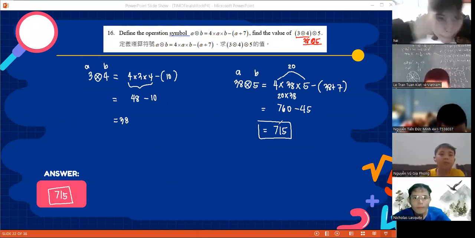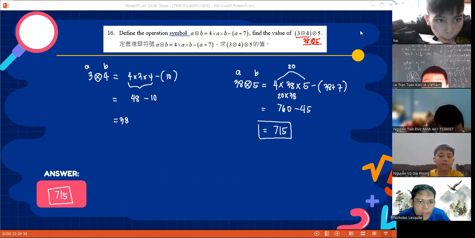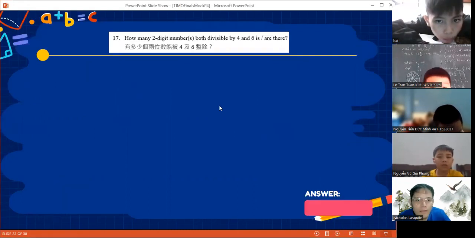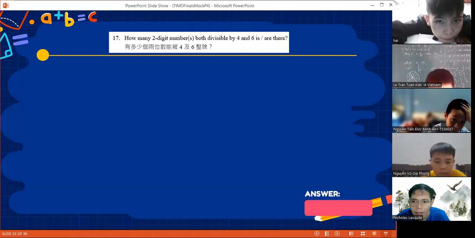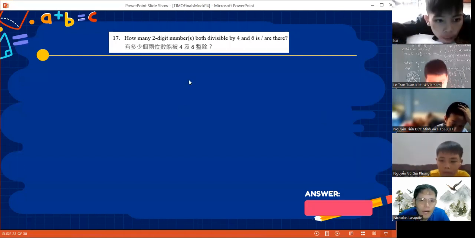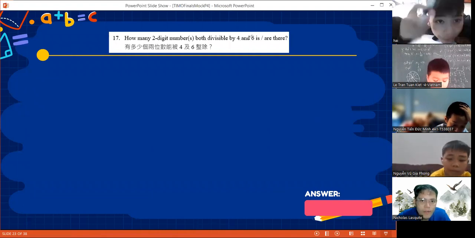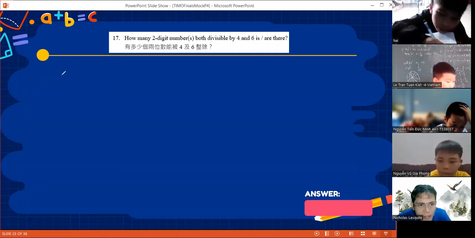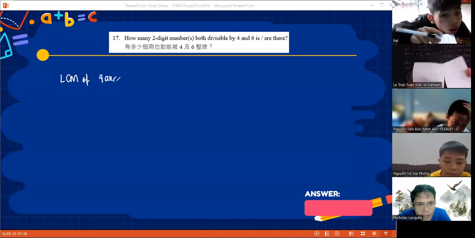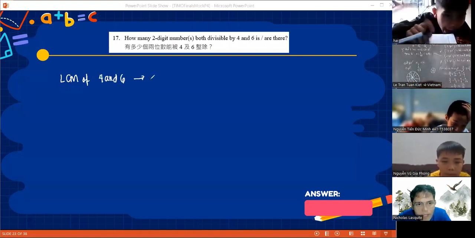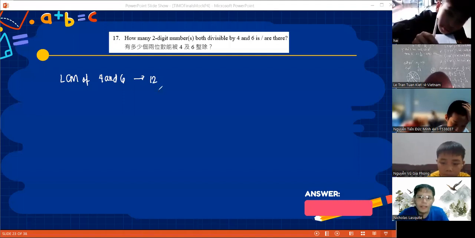Okay, we're gonna continue with number 17. This one. How many two-digit numbers, both divisible by 4 and 6, are there? Take note, it's both divisible by 4 and 6. When you say both divisible by 4 and 6, the LCM of 4 and 6, which is 12, right?